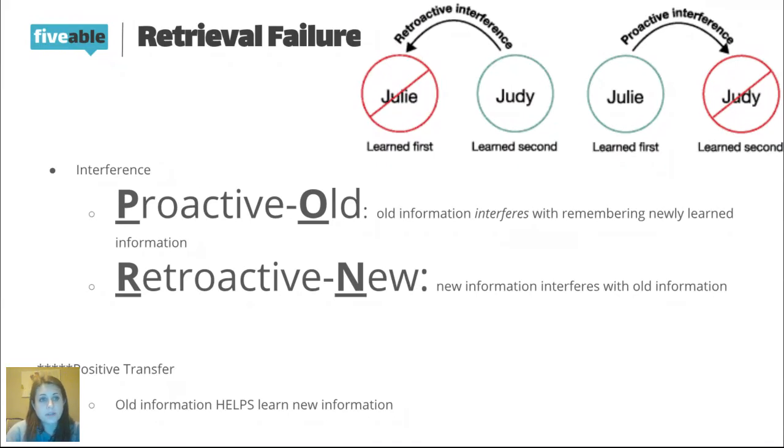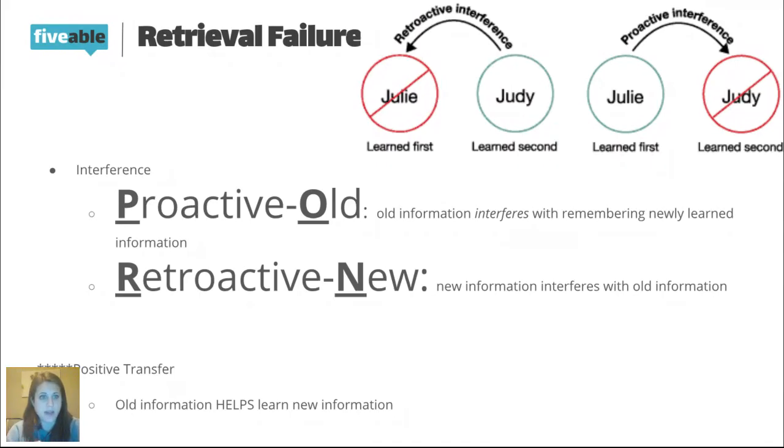Proactive interference means that old information interferes with remembering newly learned info. So proactive, old, proactive, old. Because that's kind of confusing, an example would be, let's say you just started dating someone new and you're trying to remember their phone number. Let's say it's not saved in your phone.